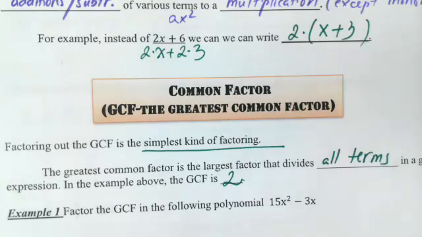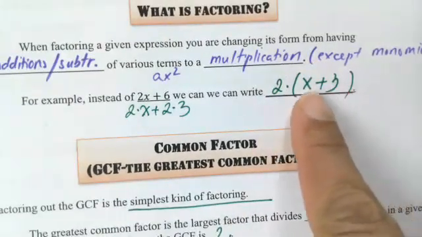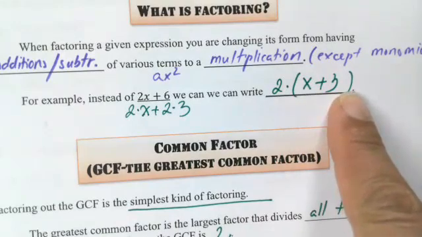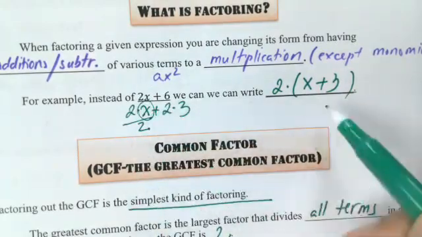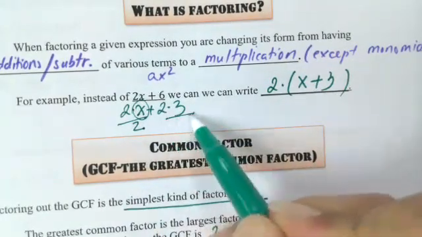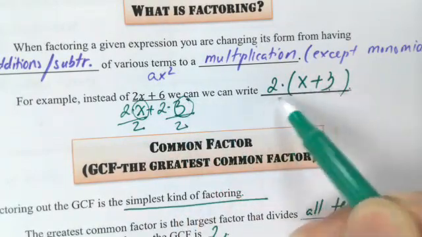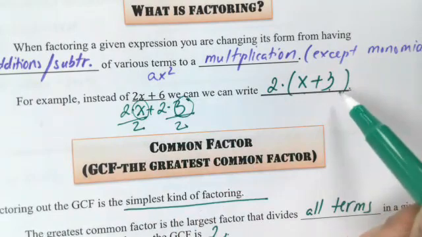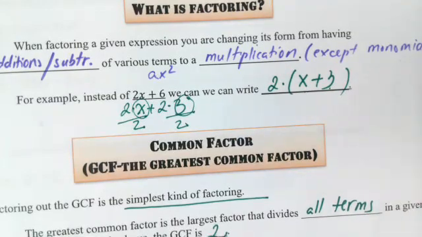So when you find something like that, you just write it once, you open a bracket, and then what you put in the bracket is the answer to those divisions. So here I divide by 2, I'm left with x, I put the x there. I divide by 2, I'm left with 3, and put the positive 3 there. And that's how I figure out what goes in the bracket. So first you find it, you choose which one is in both, okay? And then you divide both of those terms by it, and then you get them to go in the bracket.